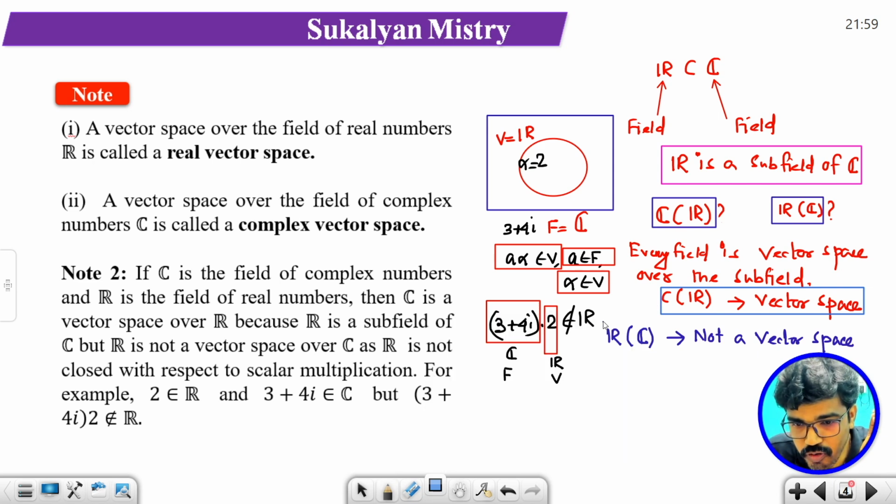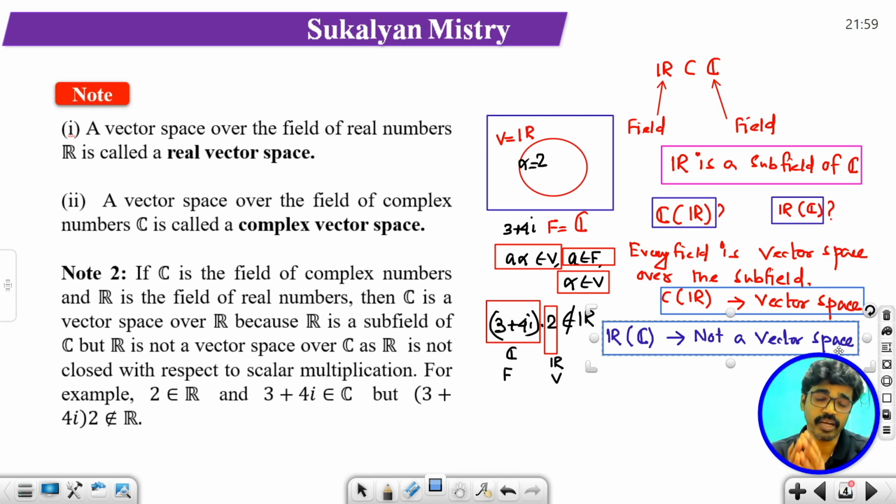so that's why R over C, that is not a vector space. Okay, it is very important. R over C is not a vector space. Why? Because of scalar multiplication, this condition, a·alpha does not belong to V. So field is very important, okay, but C over R, that is a vector space.